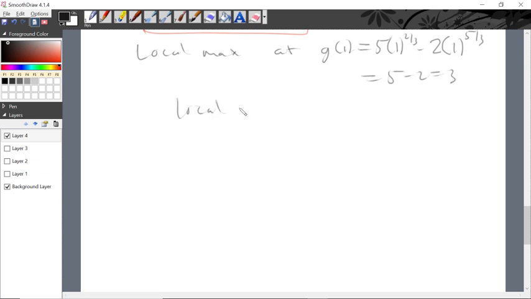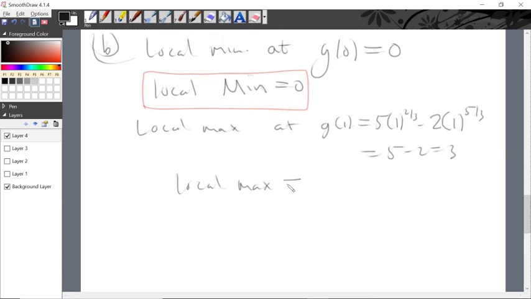So the value of the local max is equal to 3, and the location of that max is at the coordinates (1, 3).